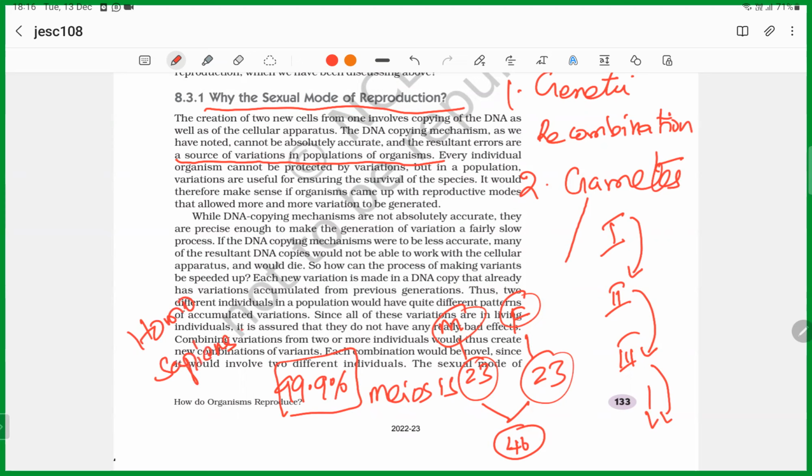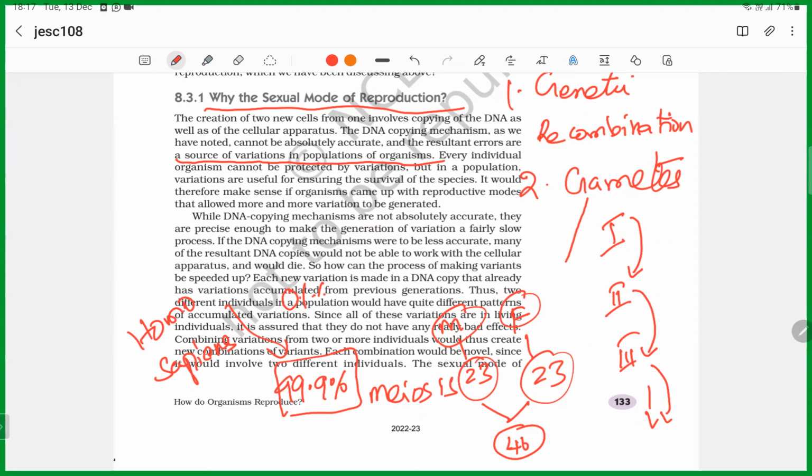Still, there are no big differences. In these 25,000 years, maybe 0.1% of differences. Look at how the genome is integrated. That's why we are the same species now.